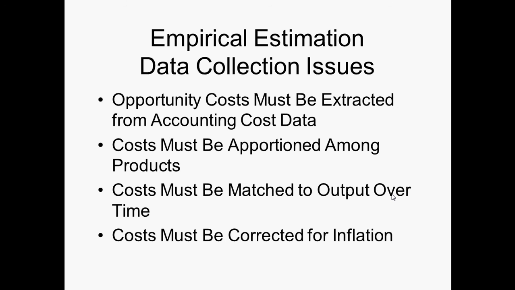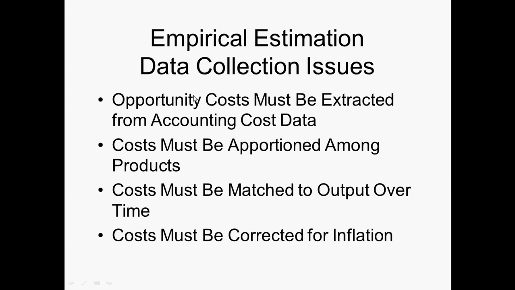It can tell you how much we did produce and how much we did spend, actual costs and production or sales, but it can't tell you what costs would have been if you'd produced less or if you'd produced more. Just the accounting data won't do that. So you might want to estimate that empirically.